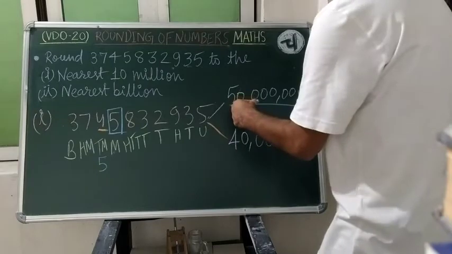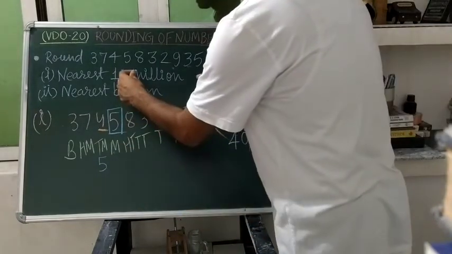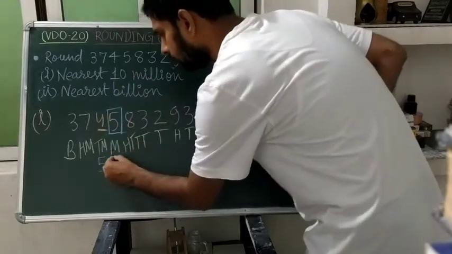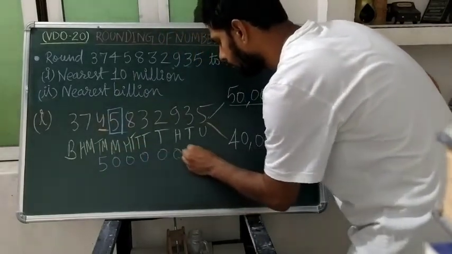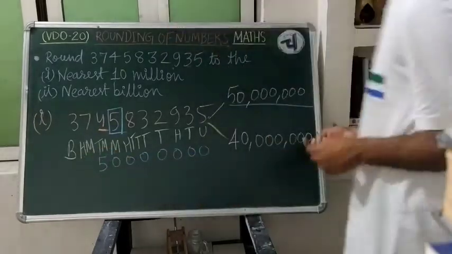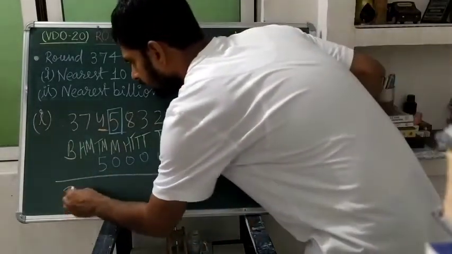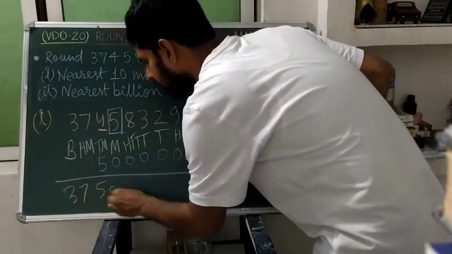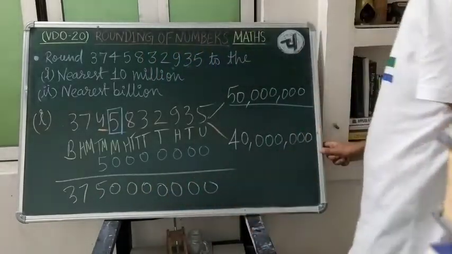This rounded-up number we will start writing from the place given to us, so this will become 50 million here, and there will be 7 zeros, and the number will become 375,000,000.